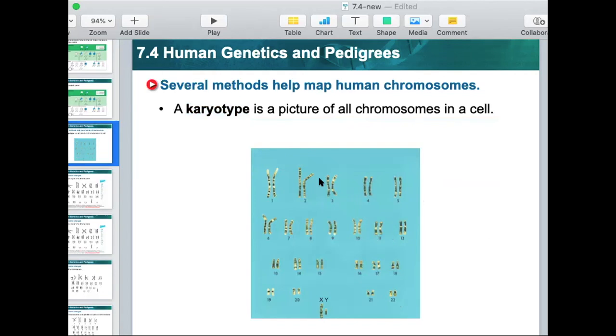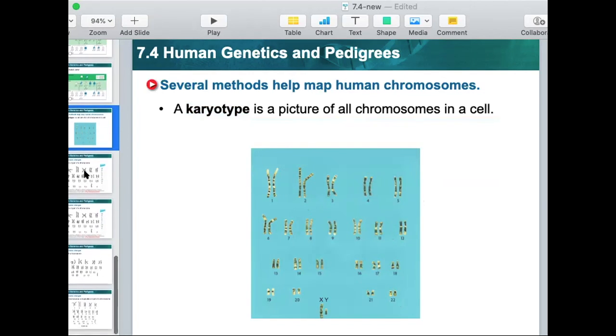You can see bands on here, they're stained, and that makes the chromosomes visible. Karyotypes are done if they suspect a genetic disorder in the baby, and they can confirm if the baby has a disorder.